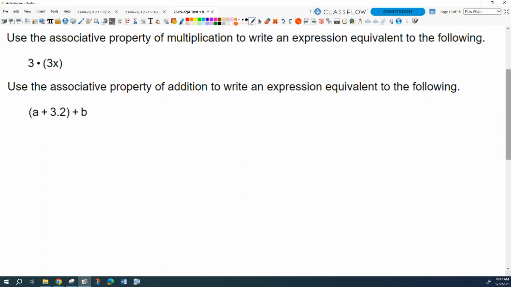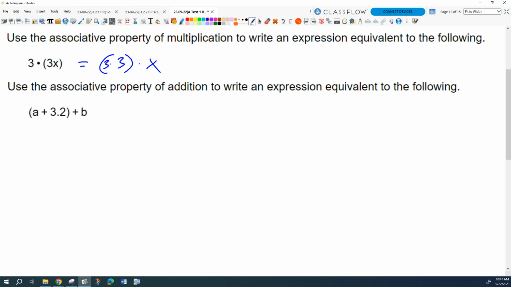Okay, associative property. Got to regroup then, right? Instead of grouping 3 times x, what would I probably group? 3 times 3. 3 times 3 times x, right?